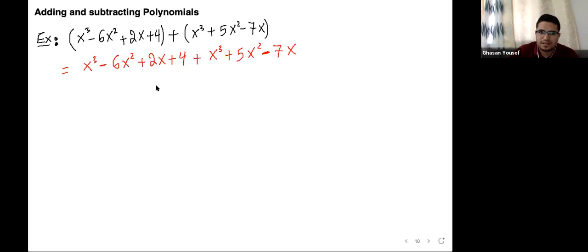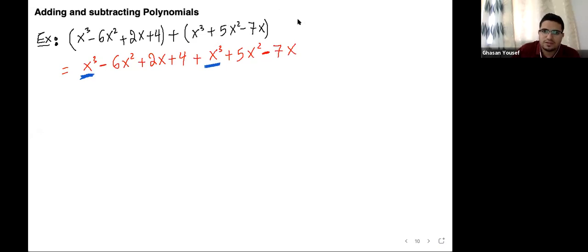Now, the second step, we have to combine the like terms. We have to combine the variable terms that have the same power. It's called like terms. Here we have x to the power 3, and also here we have another x to the power 3.